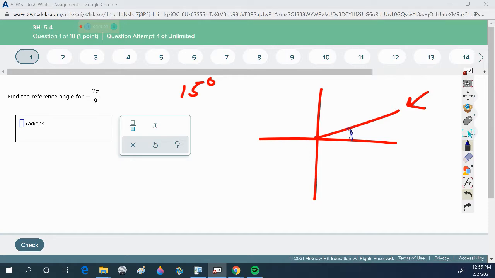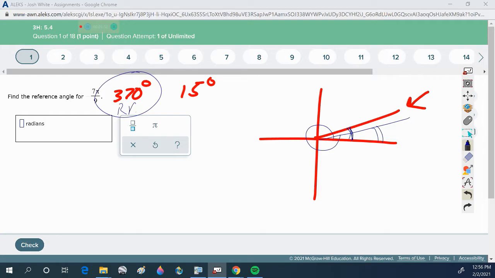Now you might say, why do we care? Well, what if I had a 370 degree angle? Where would that land? It's going to go all the way around and 10 degrees more. So for a 370 degree angle, what is the reference angle? It would be 10.